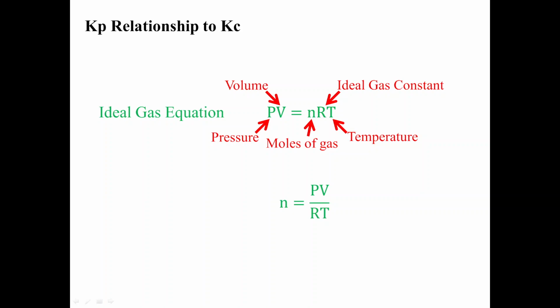So keep this in mind as we go to our kind of quasi-example here. So we can have our concentration of NOCl, and again, remember, concentration is just moles over liters. So it's our number of moles of NOCl divided by a certain volume. And we have our ideal gas equation where we solve for moles, and our number of moles is the pressure times the volume divided by the ideal gas constant divided by temperature.